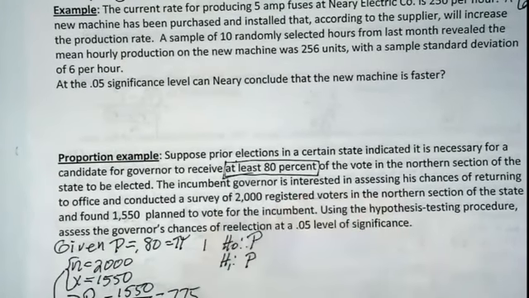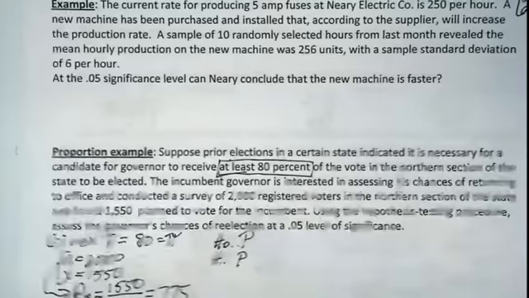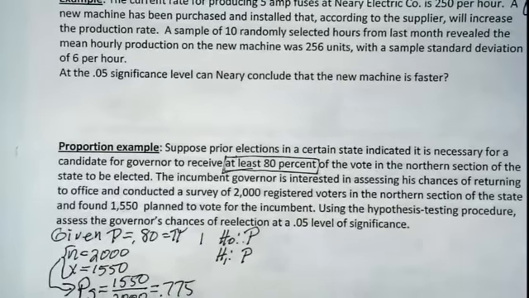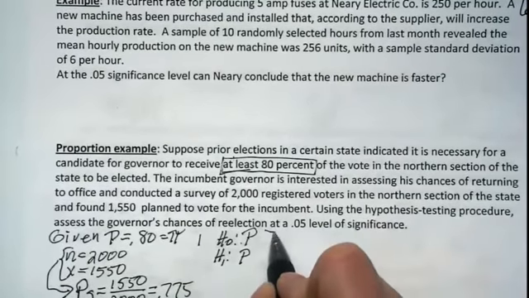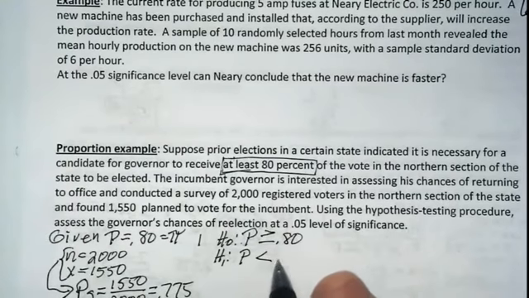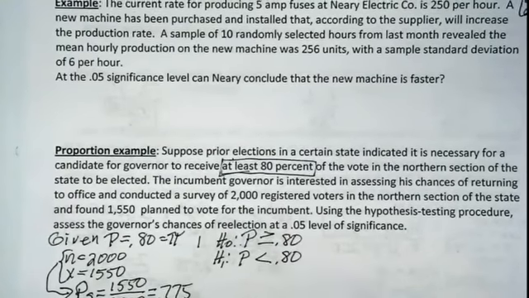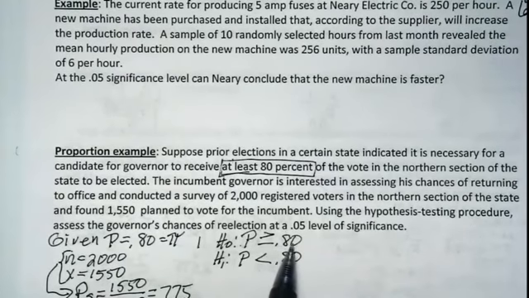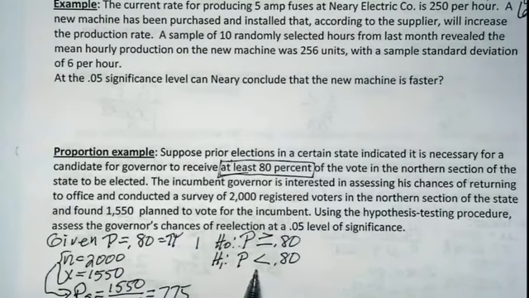At least 80%. This is one of the very unusual times where you will write the null hypothesis first, 80%. Right there. This is at least 80%. I wrote it. And then the alternate has to go the other way.